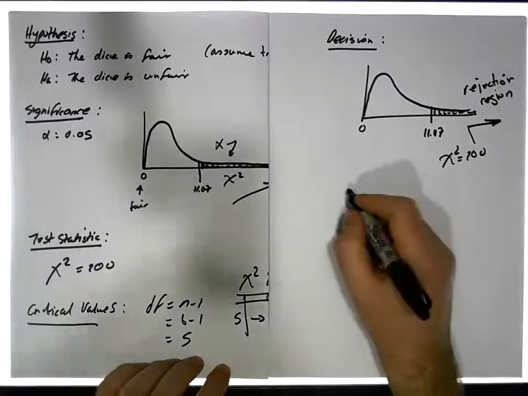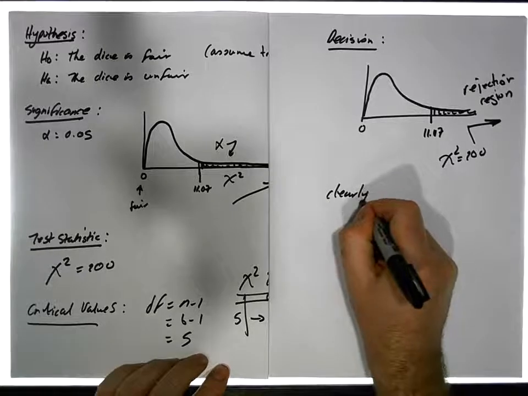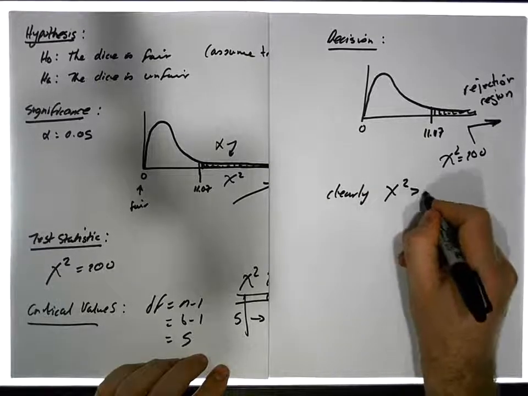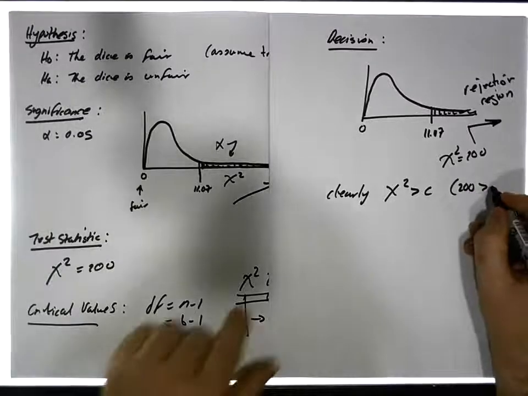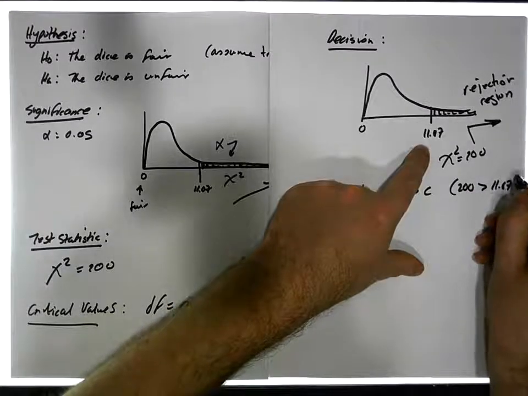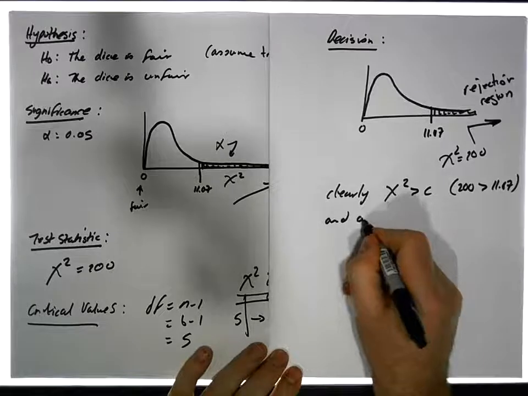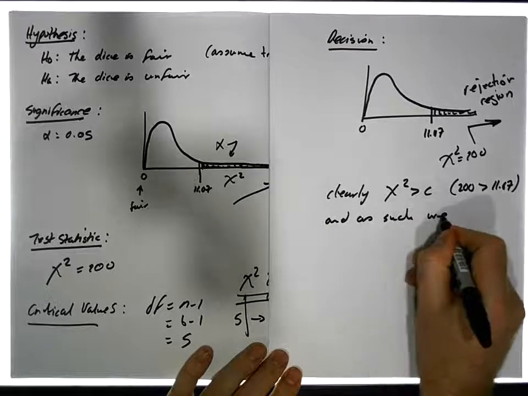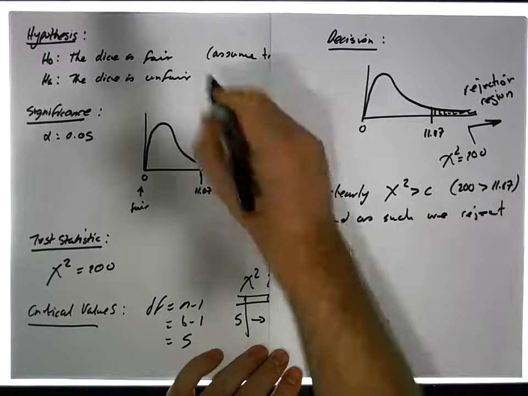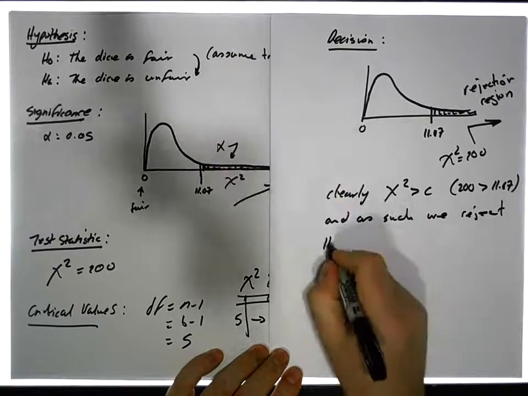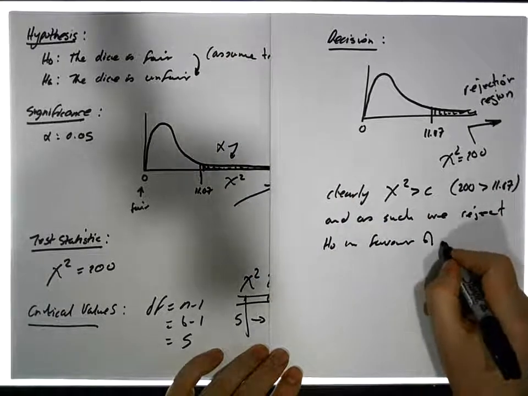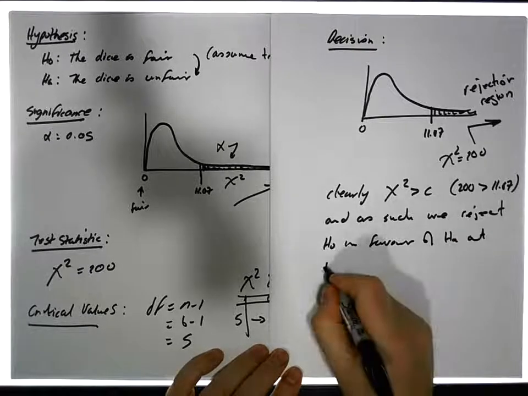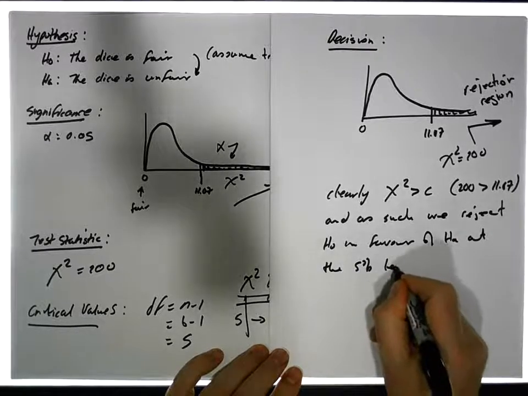So clearly, the chi-squared value is bigger than the critical value. What we mean by that is 200 is bigger than 11.07, and as such, we reject. We reject H0 in favor of HA at the 5% level of significance.